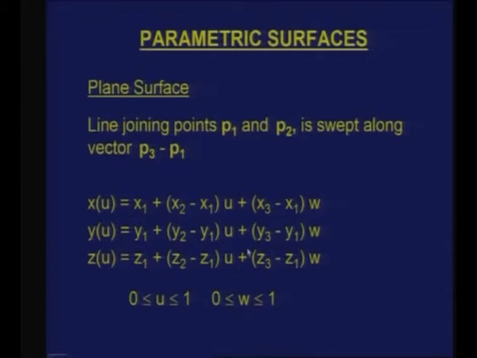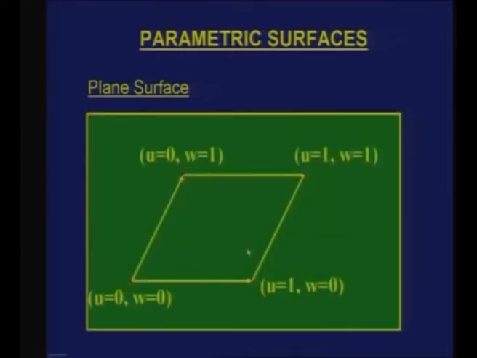Now, as I said, this can also be used to represent a triangle. Given 3 points, what should be the parametric equation of a triangle? If I use the equation as we discussed, I am actually getting 2 triangles, this one and this one.